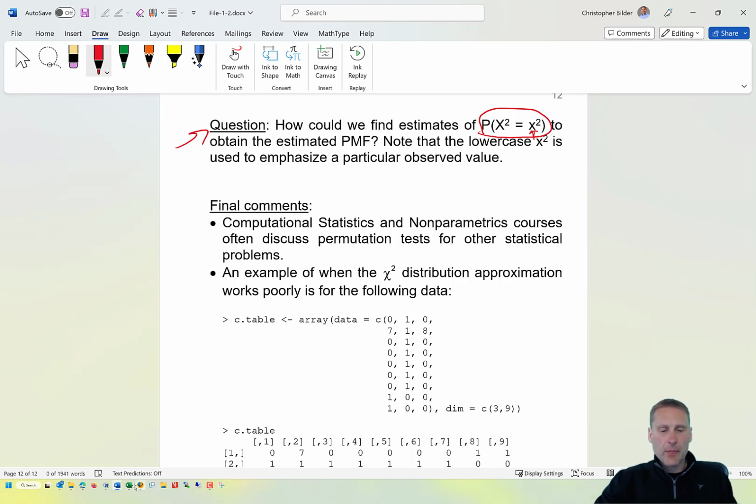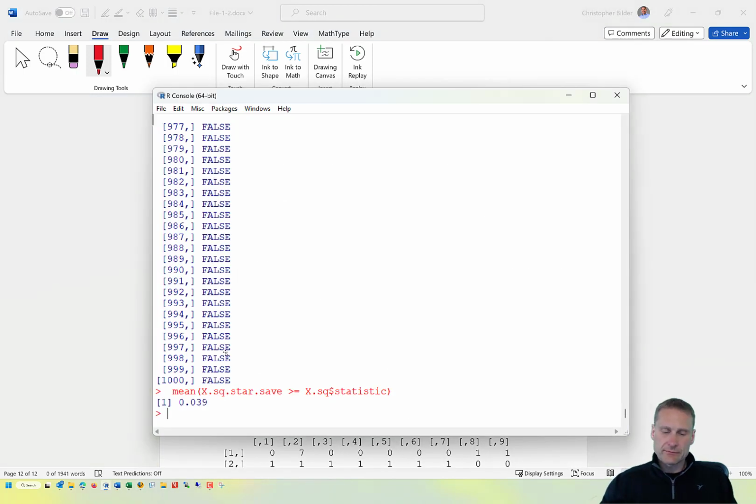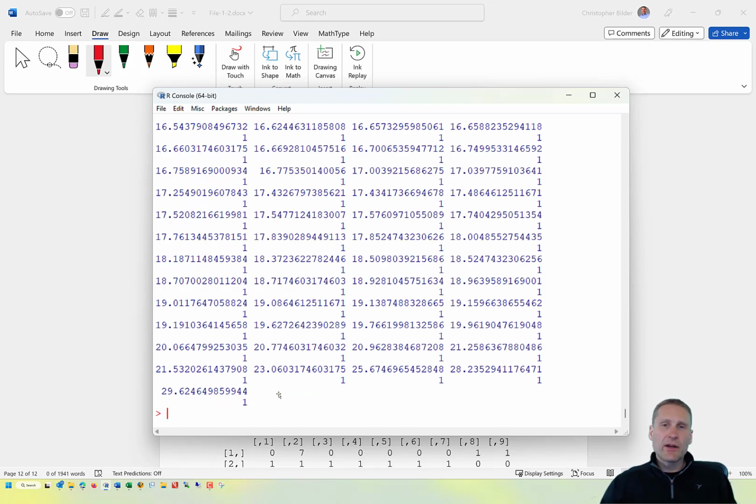Well, all of my X squared stars are in x.sq.star.save. And so what I could do is do table of x.sq.star.save. And what this is going to give me is how many times did I have a 29.62? Well, I had it only once. So the probability of that occurring, at least from doing 1,000 permutations, is 1 over 1,000.